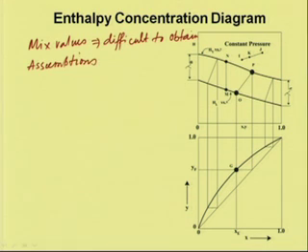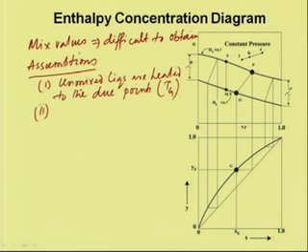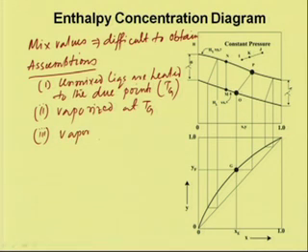Assumptions. Assume unmixed liquids, mixed liquid are heated to the dew points, that is Tg, and second vaporized and raised at Tg, and then vapor mixed.